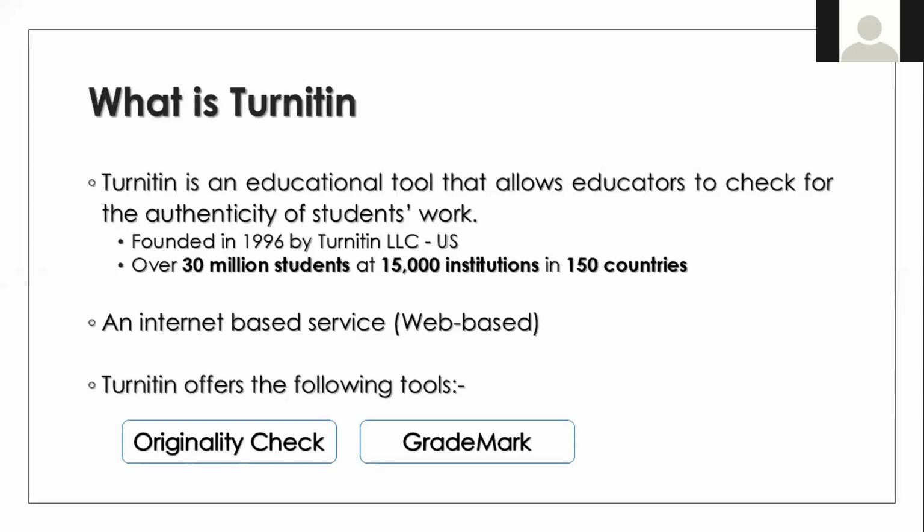This report can show you where they copied and which part of the content they copied. This is not really detecting plagiarism, because Turnitin is a system to check the originality, I mean the similarity.